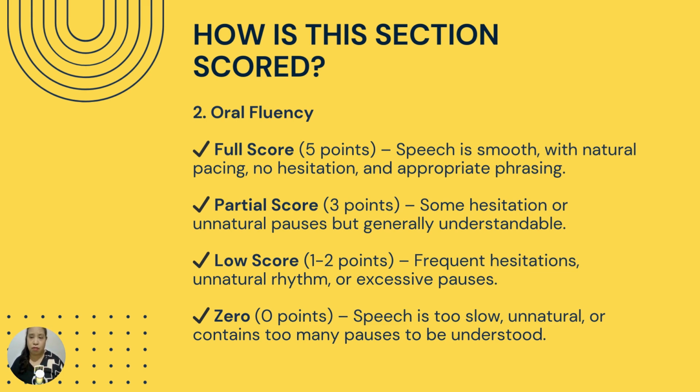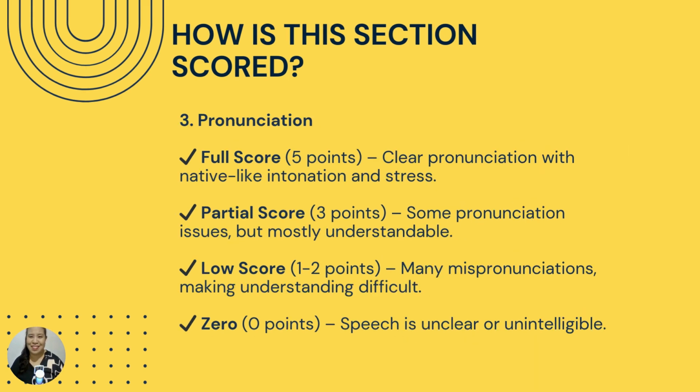And if your delivery is very slow or broken or very hard to follow, you could get a 0. So practice speaking with good rhythm and confidence. Even if you're unsure, keep going. As for pronunciation, you need to have clear pronunciation with native like intonation and stress if you want a perfect score of 5.